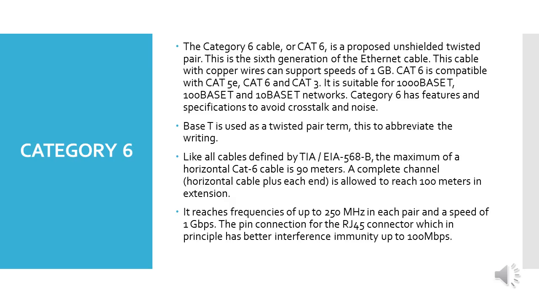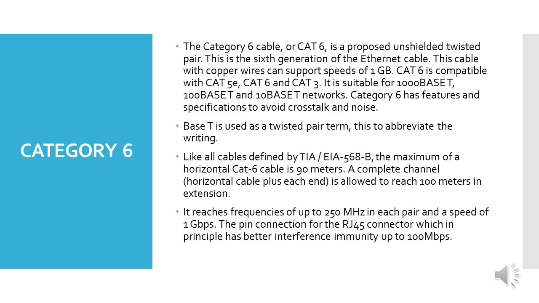The category 6 cable is next. This is the sixth generation of the Ethernet cable. This cable with copper wires reaches speeds of 1 gigabit. This category is compatible with Cat 5A.